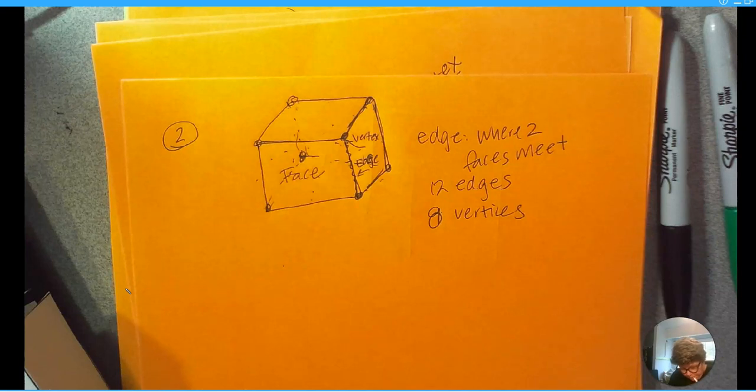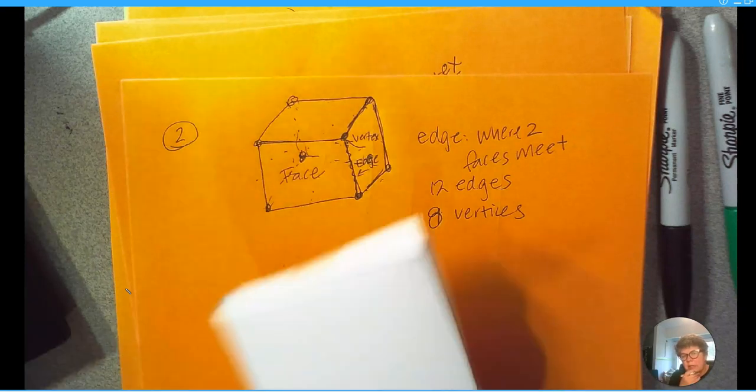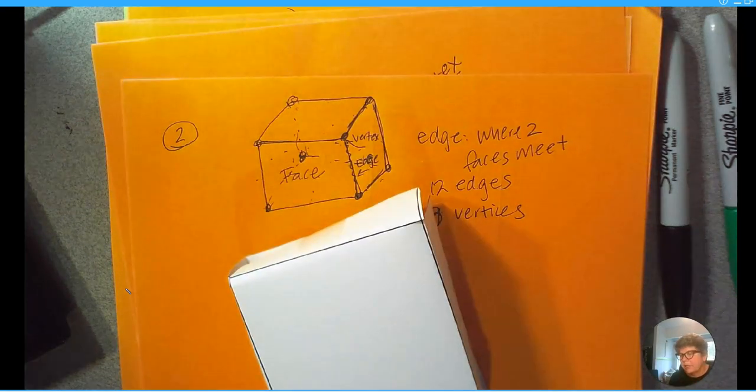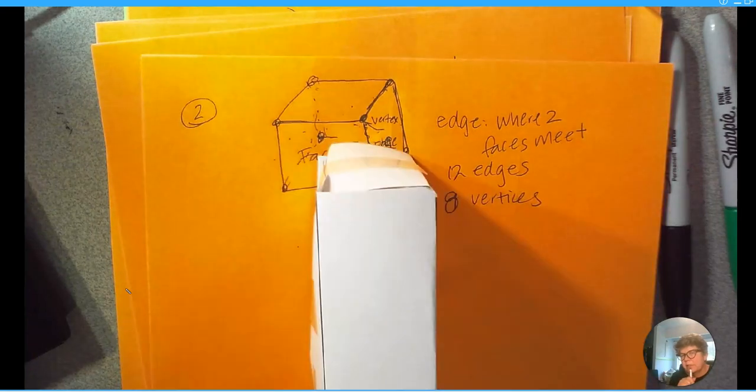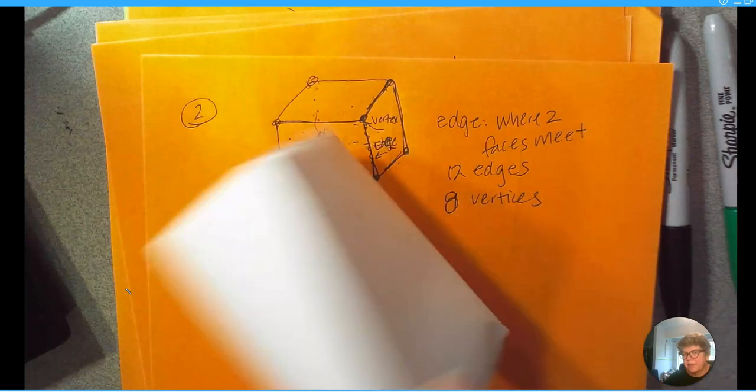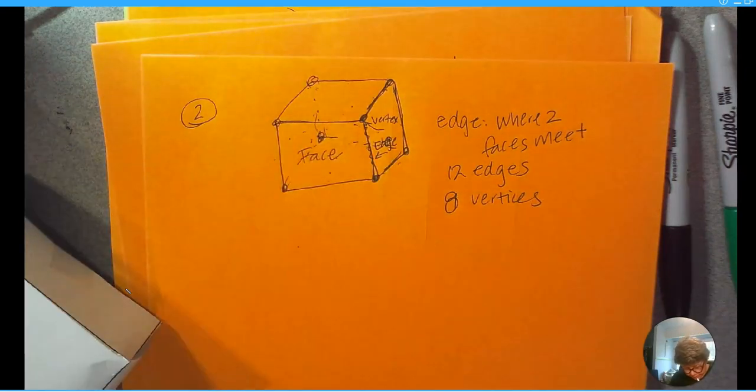And does it change if we change the size? Are we going to change the number of edges or the number of vertices? No, because it's just going to be bigger or smaller, but it's going to be the same basic shape, right? Okay, very good. And all of the angles of a rectangle are right angles.